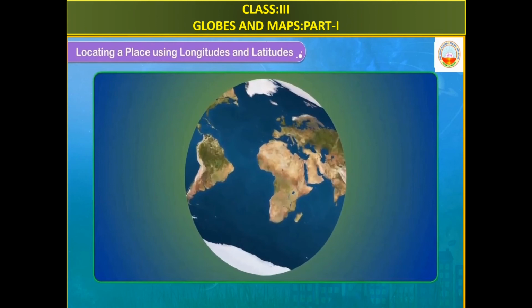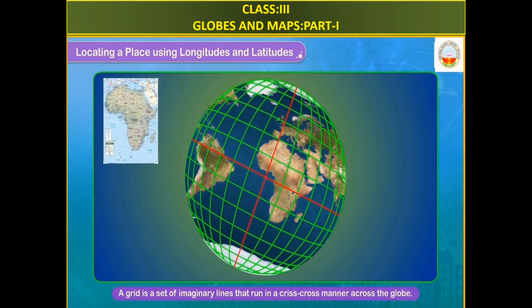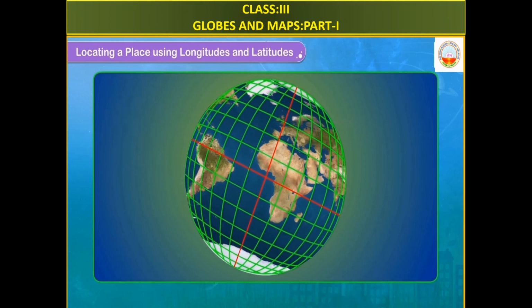Now let us see locating a place using longitudes and latitudes. A grid is a set of imaginary lines that run in a crisscross manner across the globe or on a map that helps us in locating places on the earth in an easier manner.